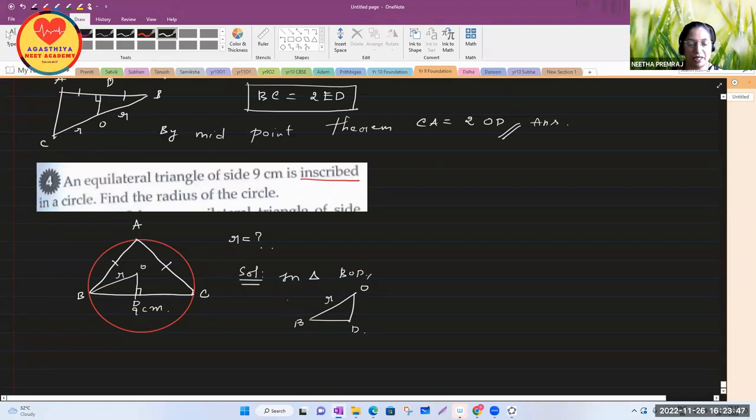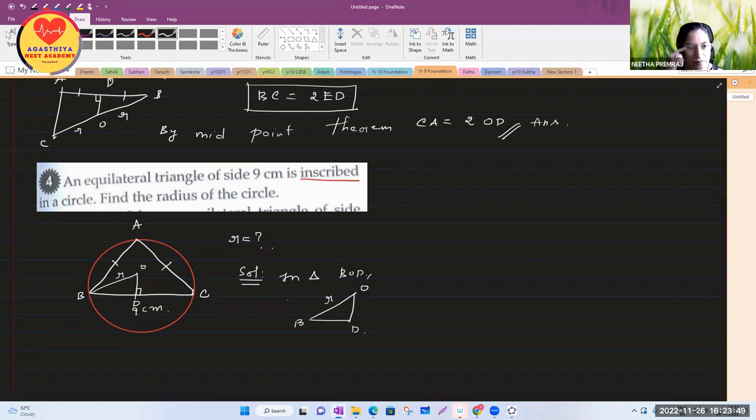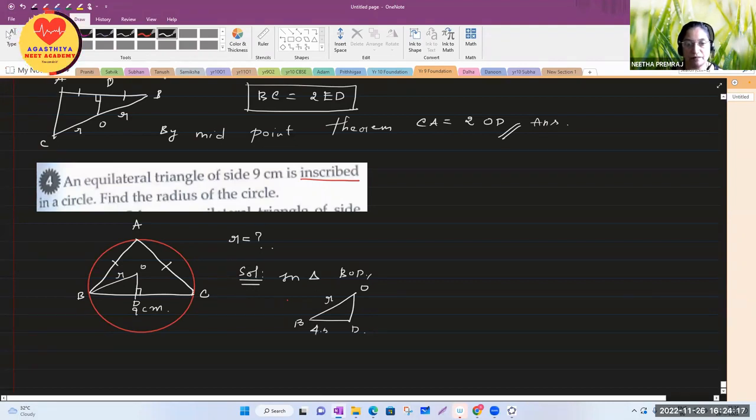What is BD? BC is 9 centimeter. Then what about BD? BD is half of BC. That is 4.5 centimeter.